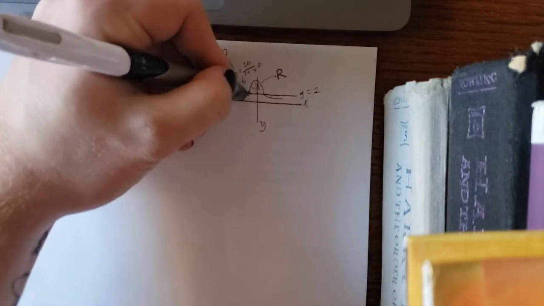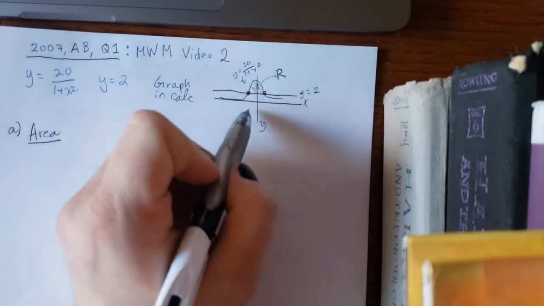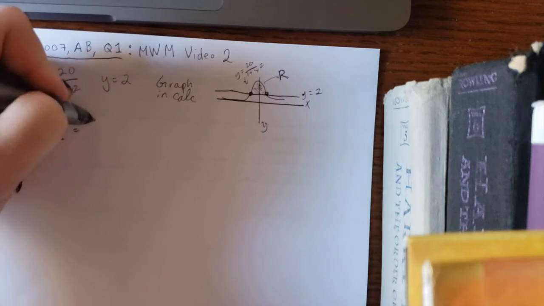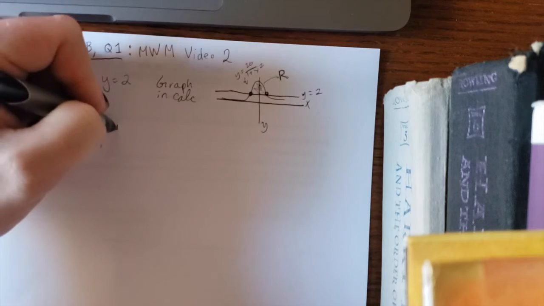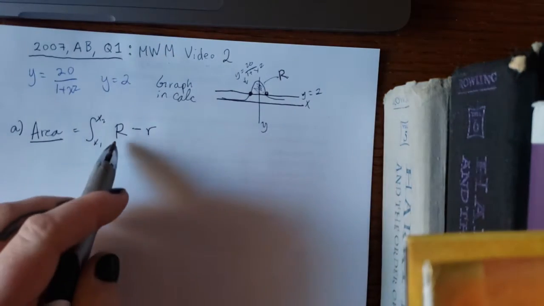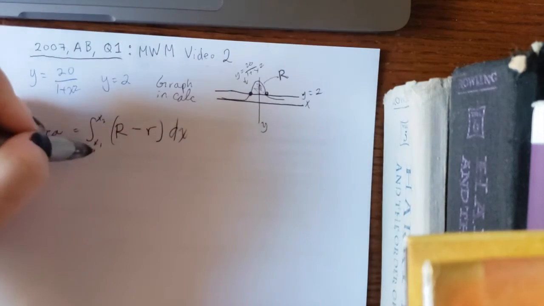For area, we need to know what our x values are for our integral, because we want to add up all of these slices. It's x1 to x2 of big R minus little r, so your outer curve minus your inner curve dx, since we're looking at dx.